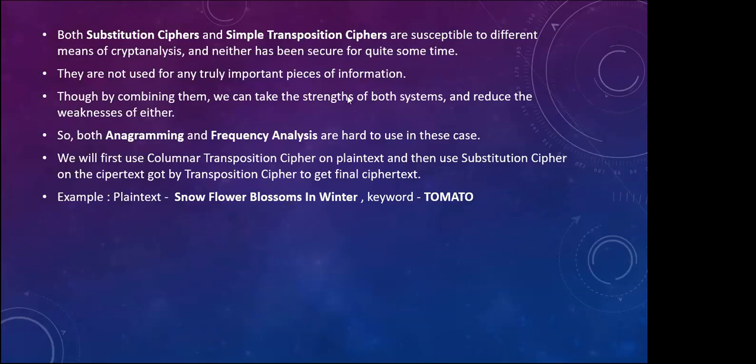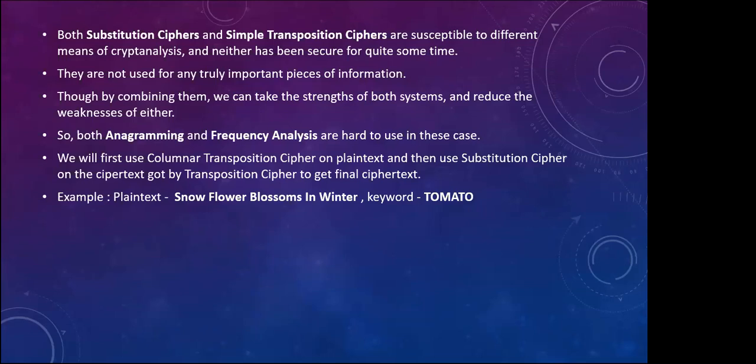So we can combine the simple substitution cipher with any type of transposition cipher that we looked into now. We can combine the substitution cipher with this to make a more secure cipher, which will be more difficult to decrypt.